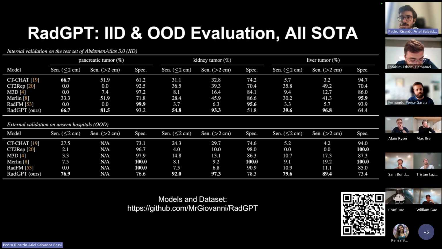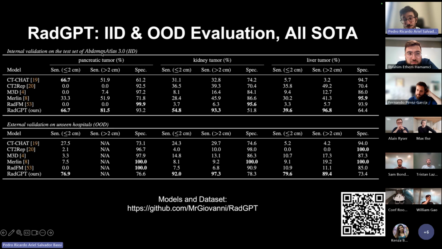It's more challenging. Just as a follow-up, how big was the shift? Did you check if it's really a shift in population, and if yes, what was the shift in scanners as well? It's a little bit difficult to check the shift because our IID dataset comes from public data.